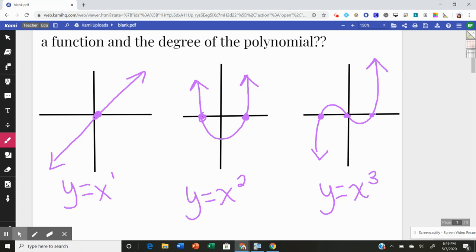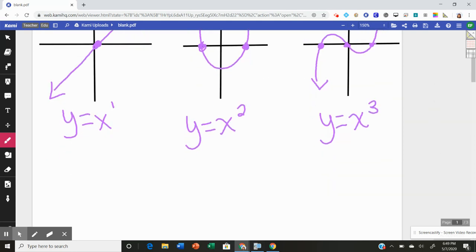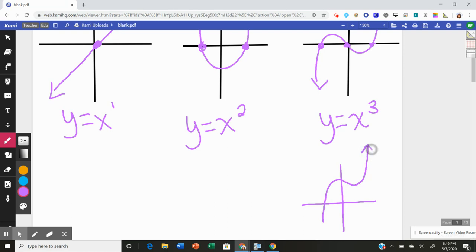So if we have, say, a degree 3 polynomial, let's say I redraw one, it could look something like this. In which case we would have 1 real root, and then this little wiggle spot over here is going to represent a pair of complex conjugates.